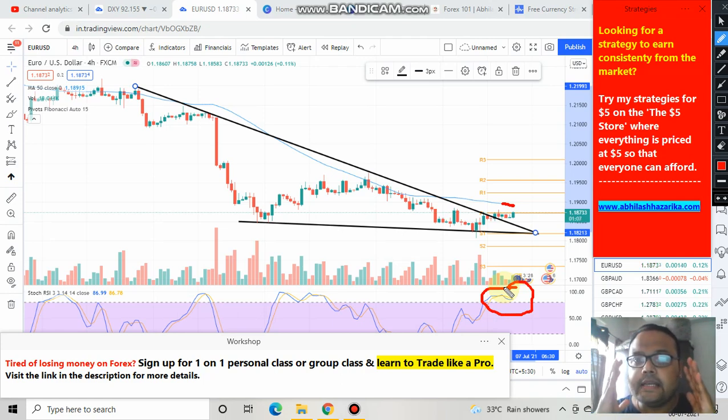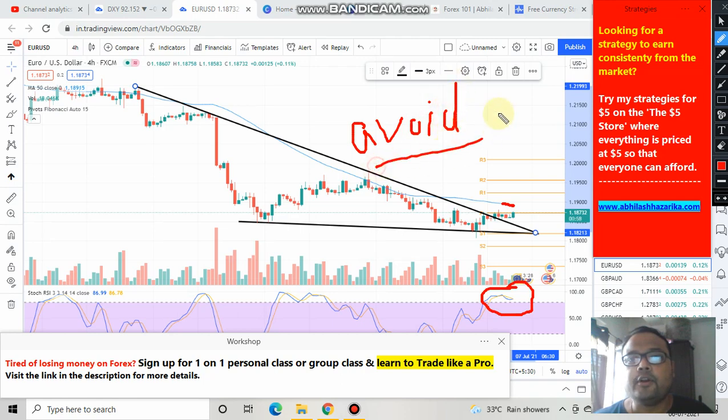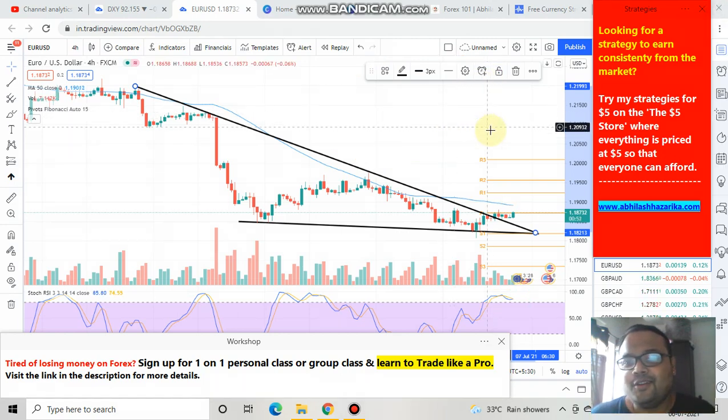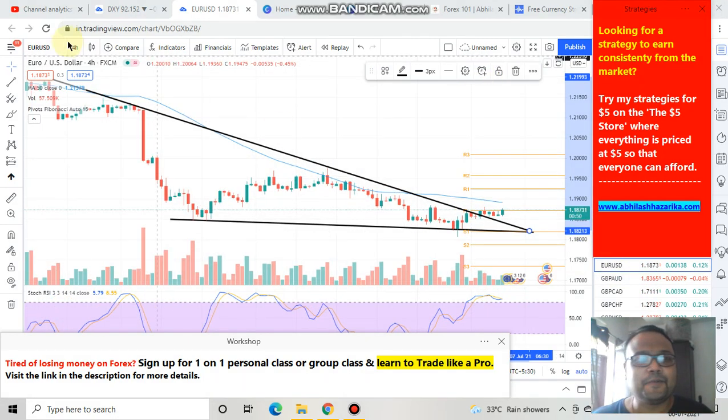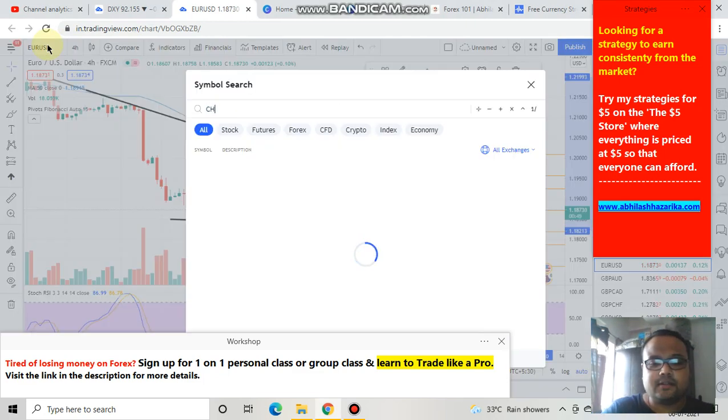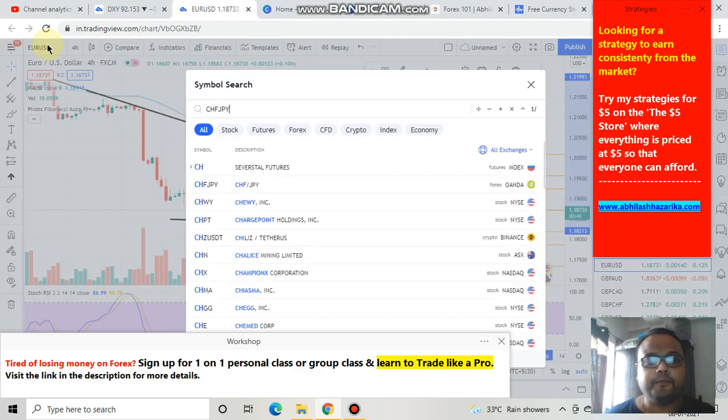But in this present chart, there is not much movement, and though it is Euro USD, I'll still say that you should avoid Euro USD right now, because there is no movement in the market, so there is no use of trading here. Rather, you can go for this CHF.